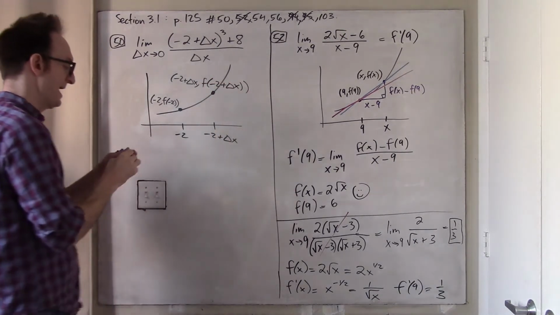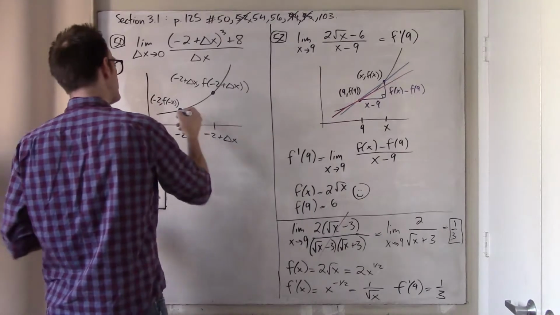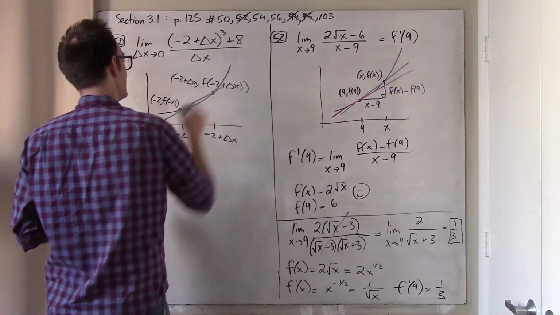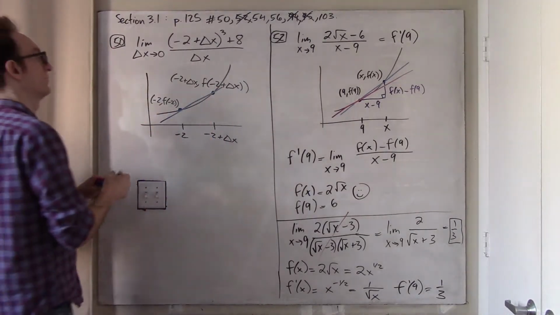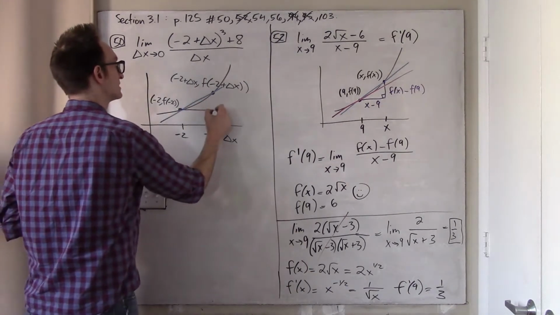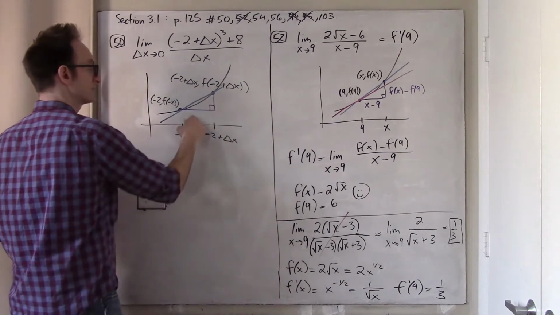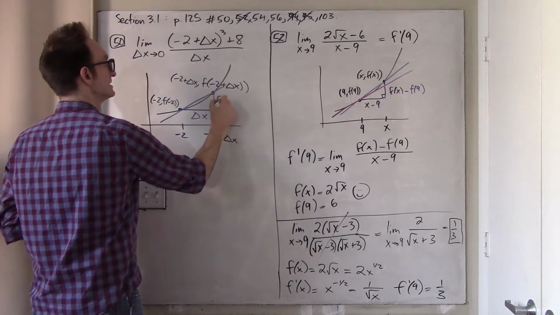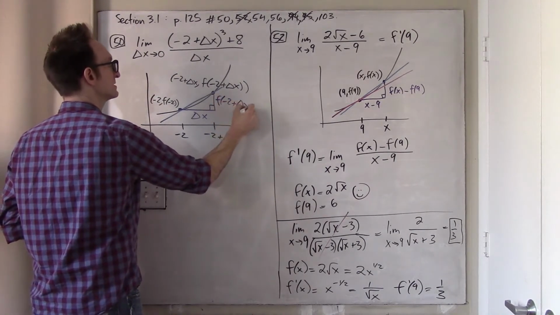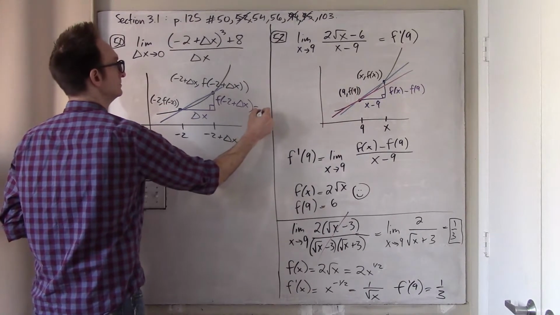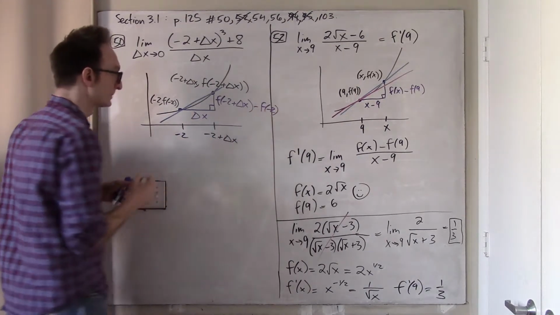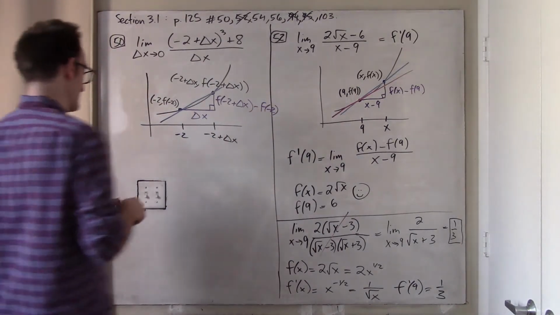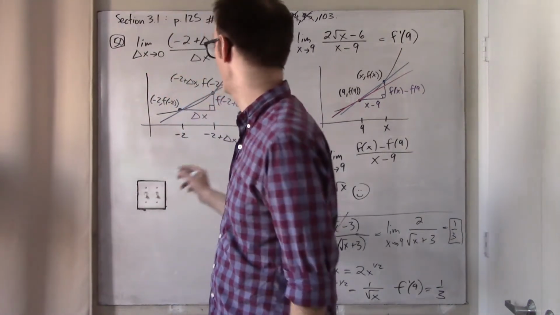Boom. And once again, I can draw the secant line. Once again, I can draw this triangle, which tells me that the change in x is delta x, and the change in y is f of -2 plus delta x minus f of -2. And so I can write an expression for the slope of that secant line.